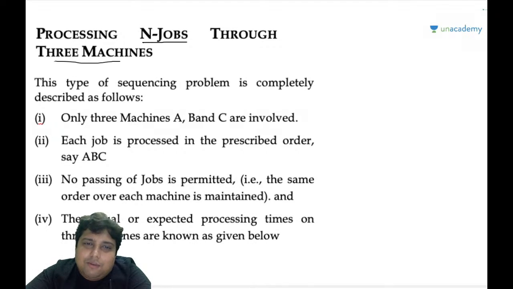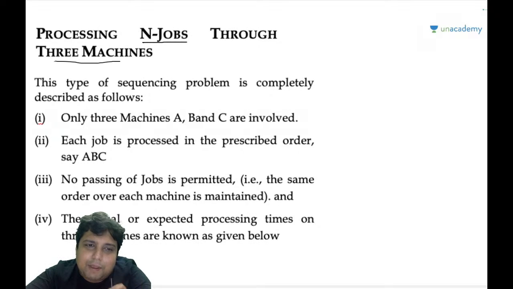From the sequencing model, n job 1 machine problems via SPT, EDD, STR or the critical ratio rule have been asked, and the most famous question, from Johnson's algorithm, also comes in the GATE examination. But never has an n job 3 machine problem come in GATE. But considering recent GATE papers like 18, 19, 20, I have noticed that GATE is experimenting a lot.